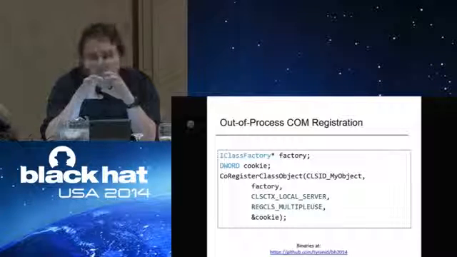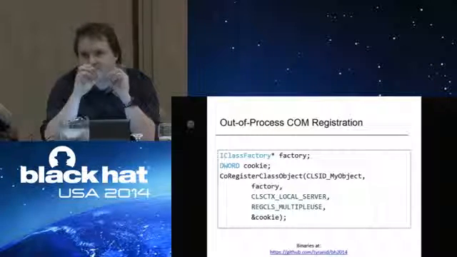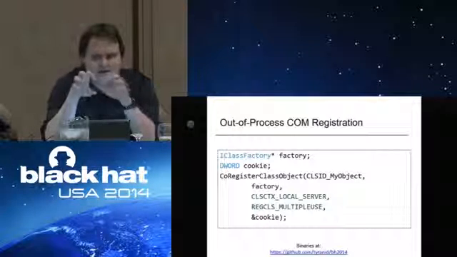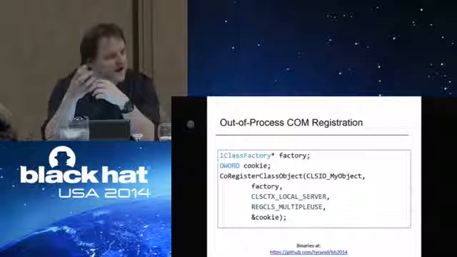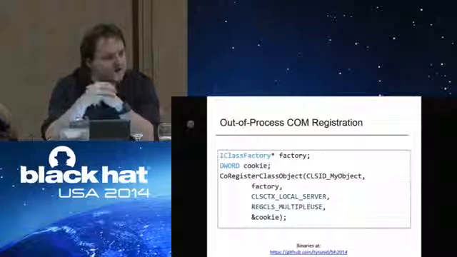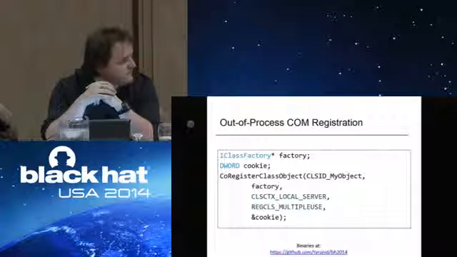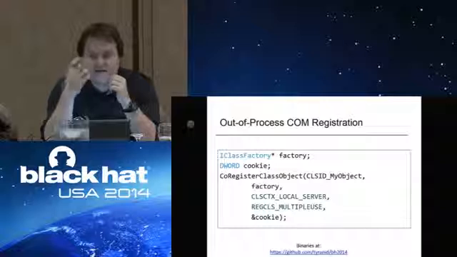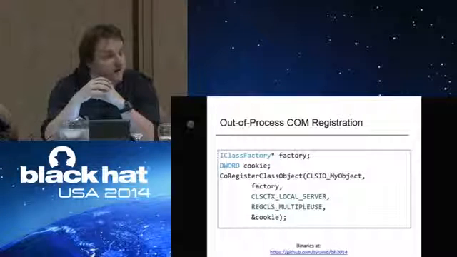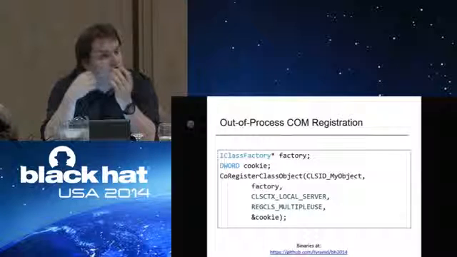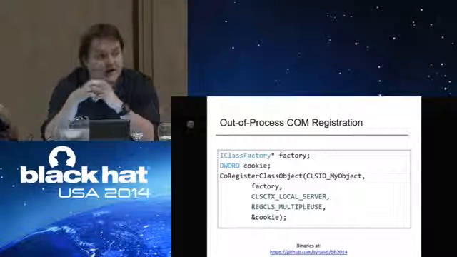Now, when it comes to COM, there's two ways of running COM. You can either run it in process, which in this case would just be running it in this sandbox instance. So that doesn't provide you with much in the way of useful information. Most of the stuff is running out of process, especially for third-party code. For example, things like Flash have a broker to allow you to access certain things in IE.